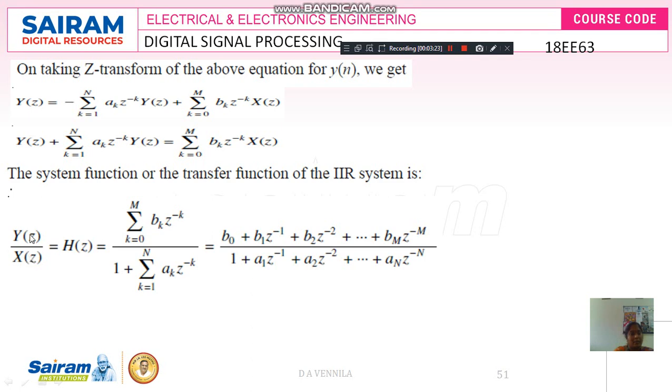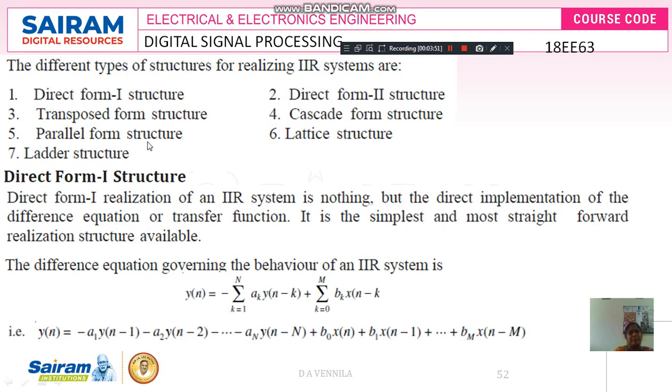The system function H of z is given by summation k equal to 0 to m bk z power minus k, divided by 1 plus summation k equal to 1 to n ak z power minus k. As I already said, b gives your zeros and a gives your poles. It consists of both numerator and denominator, so it is called a recursive filter.